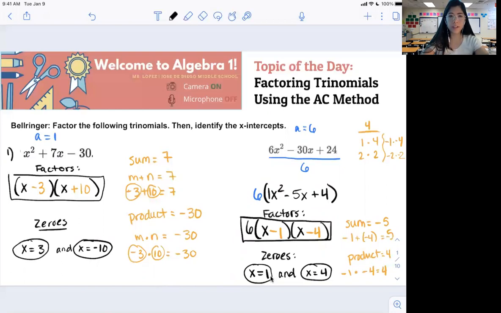If you're struggling to remember how to do things in order, like what's the first step, what's the second step, you can write that down for yourself. Make little annotations. So you can write, okay, step 1, think of 2 numbers that add up to 7, and the same 2 numbers have to multiply to make -30. Just write little notes on the side.